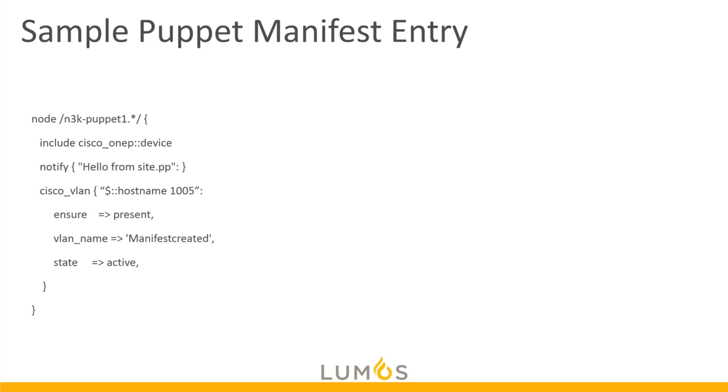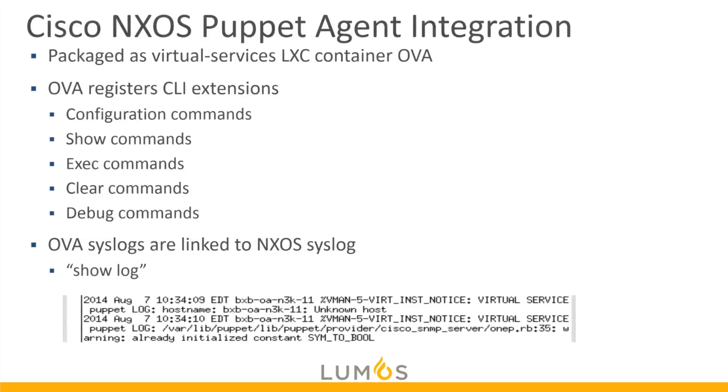So here we see our node defined. We see some include information, notify, and Cisco VLAN hostname being presented and configured. We'll talk a little more about this as we go along, but here's just a sample.